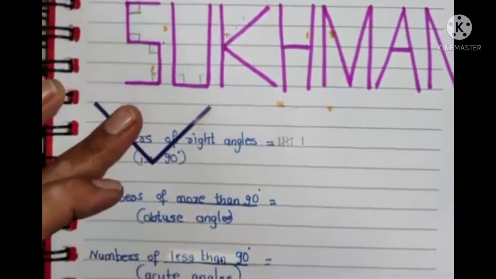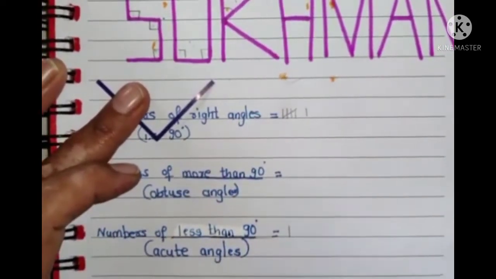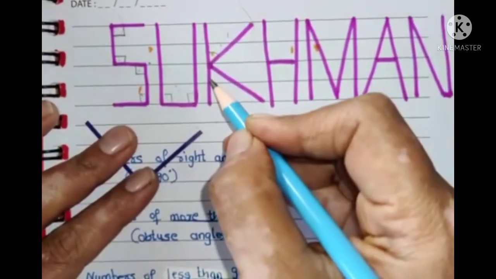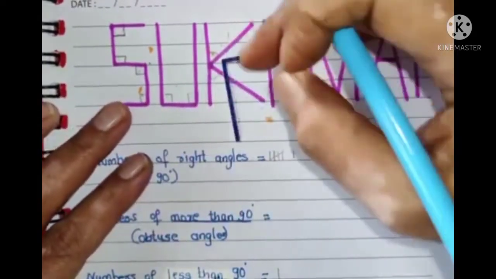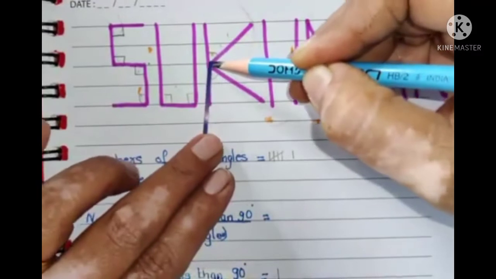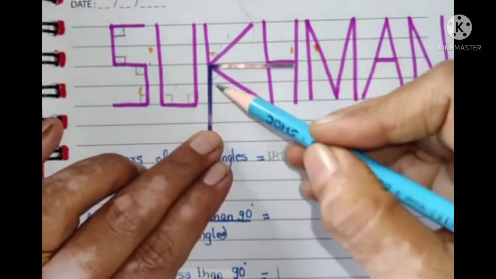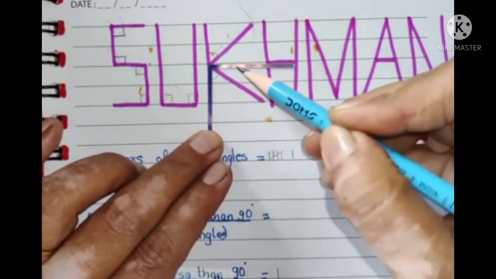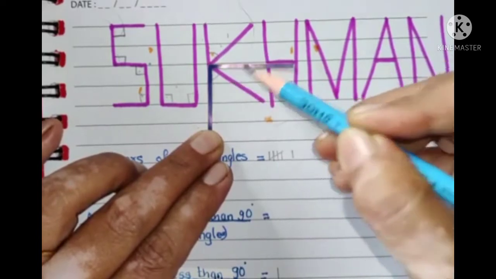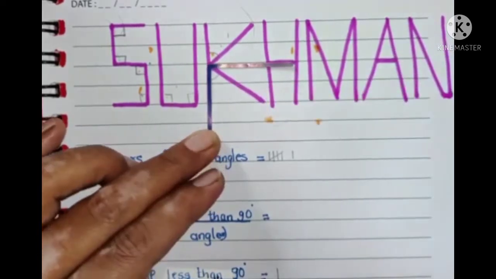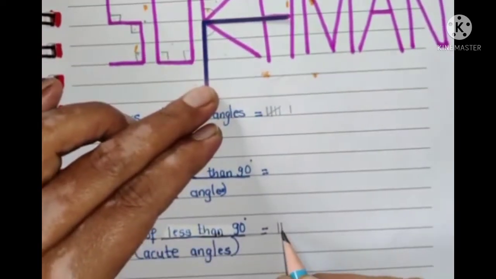So we'll put one line in acute angle. Then we'll count for this angle. Again we have to overlap one vertex with one arm of the 90-degree angle, and again this angle is inside 90. This arm is not overlapped by this line, so this is also an acute angle. So we are going to write one more line in acute angle.